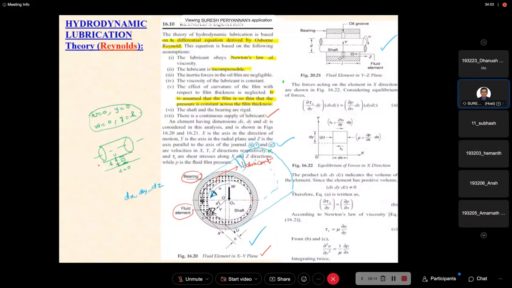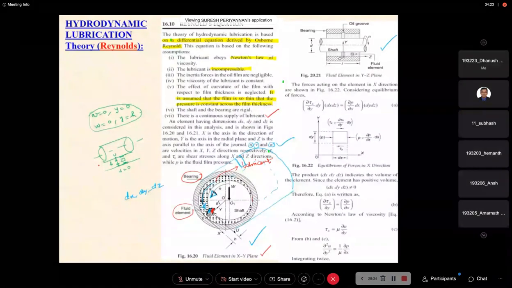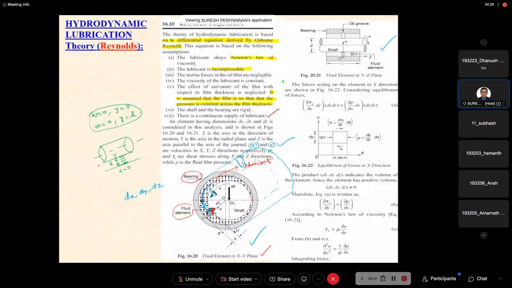I am asking whether this surface is shear or normal, and whether this other surface is shear or normal. But the fluid we are considering is in rotation like this, right? Now are you clear? The top surface is going to be shear. This surface, the blue color that I highlighted, is going to be normal. Are you clear or not clear?